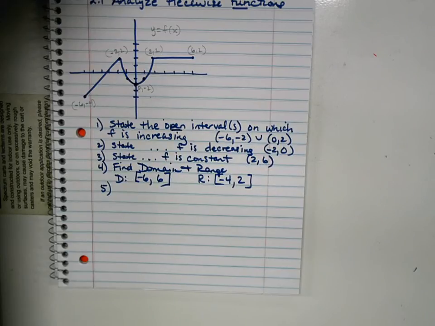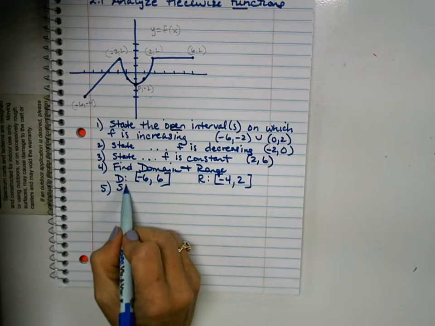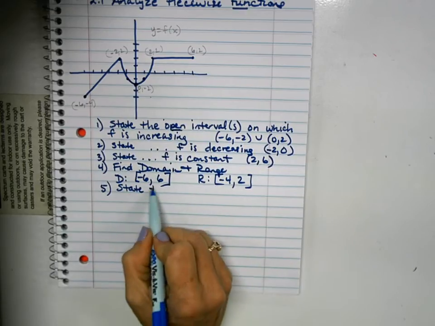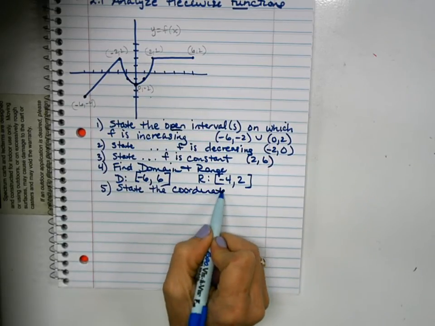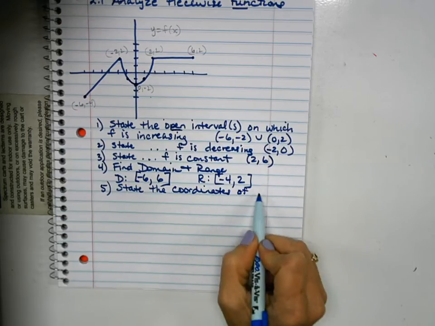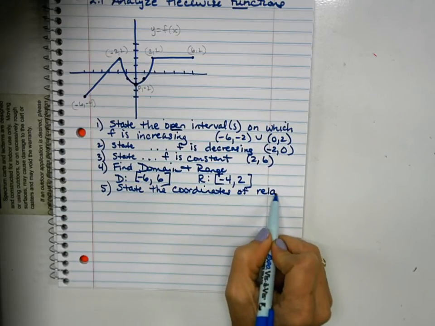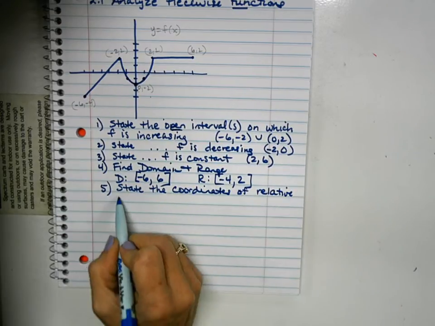Okay, now number 5. I want you to state the coordinates of the relative min.